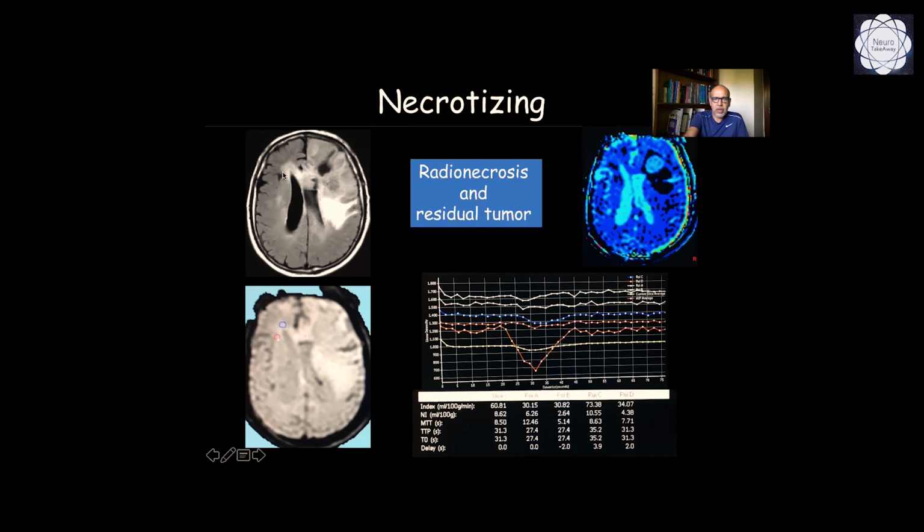So the tumor was right there, and this is the typical finding of both radionecrosis and residual tumor, which is very common after the treatment of glioblastoma, which, as you know, is a very resistant tumor, and unfortunately there is no very complete treatment.